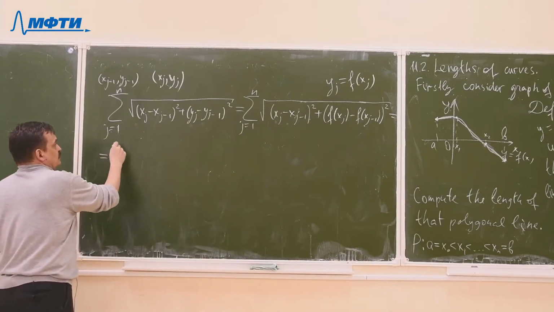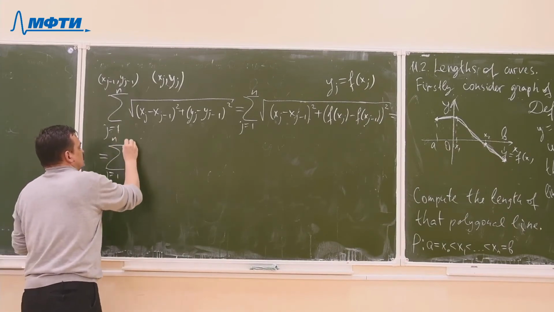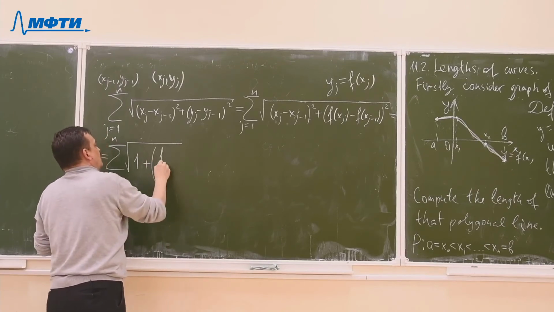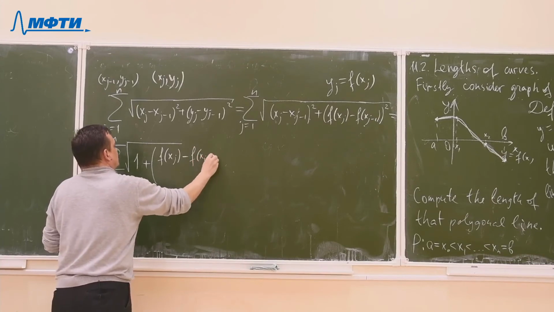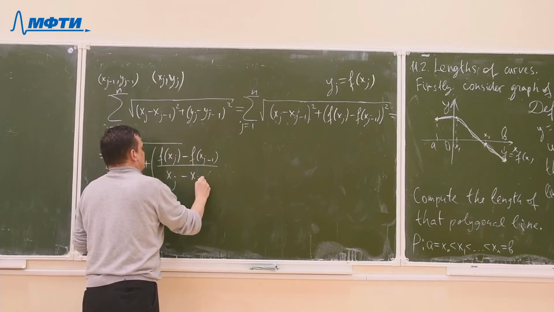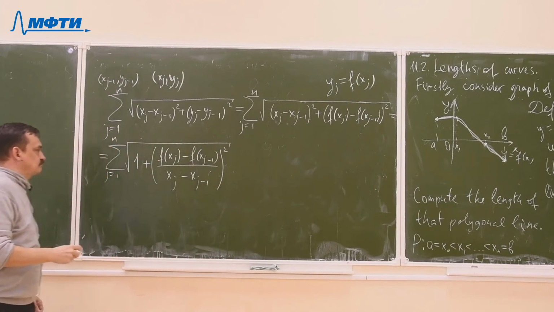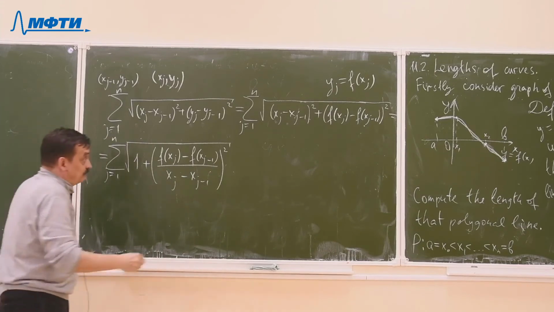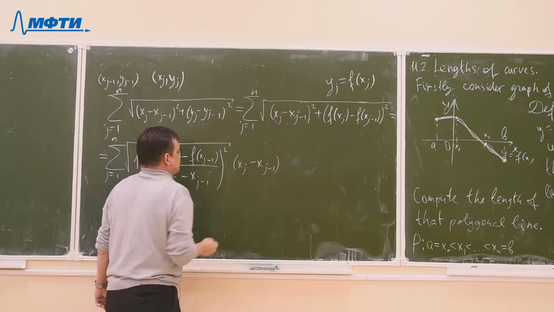Hence, I can write it like that: the sum, j from 1 up to n, of the square root of 1 plus ((f of xj minus f of xj-1) over (xj minus xj-1)) squared, times (xj minus xj-1).